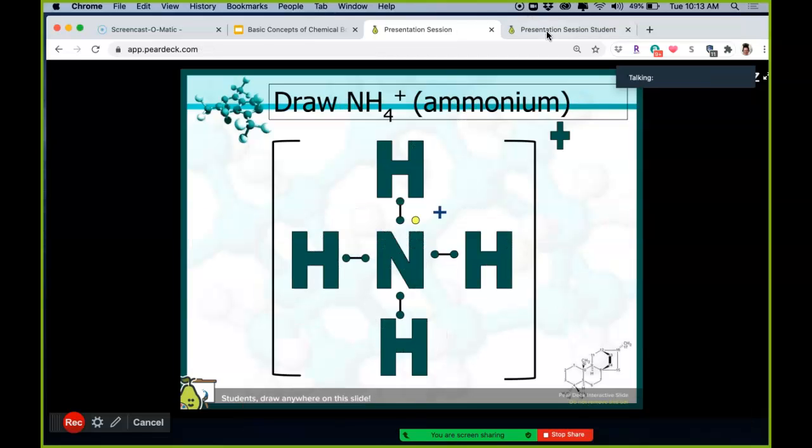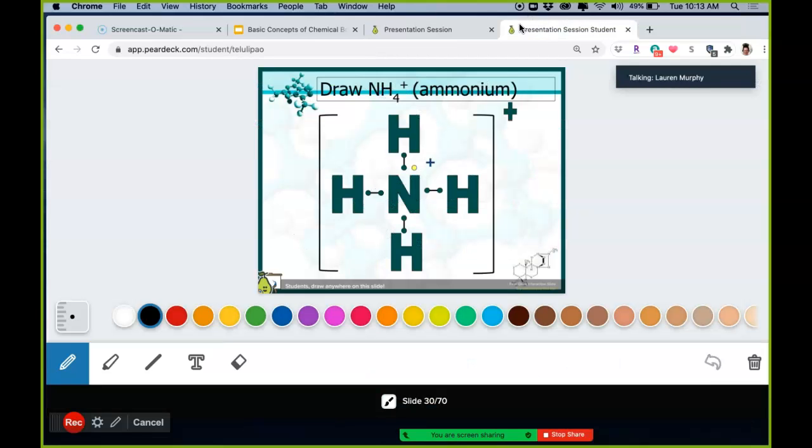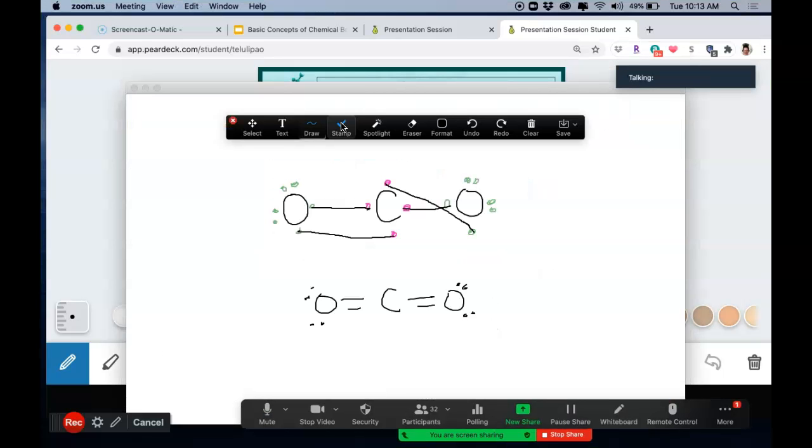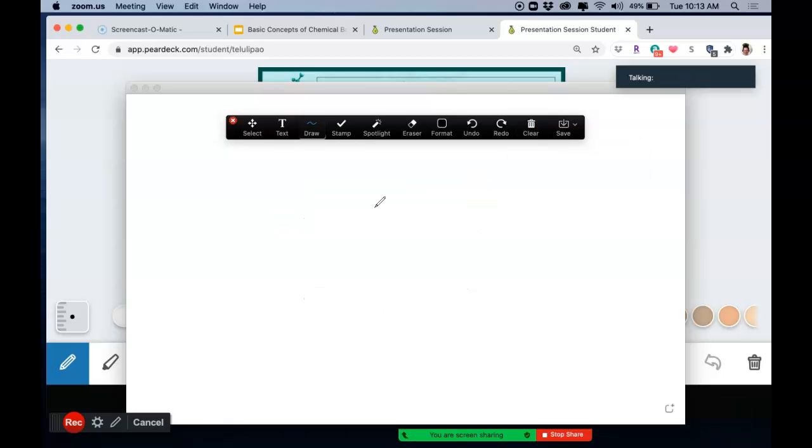Okay, what about ions? NH4 plus. Well, plus means I'm going to lose an electron.